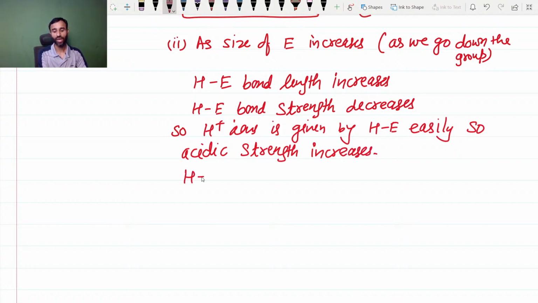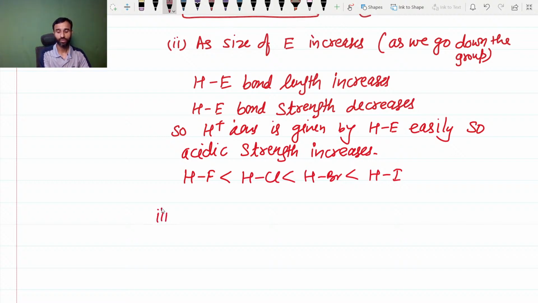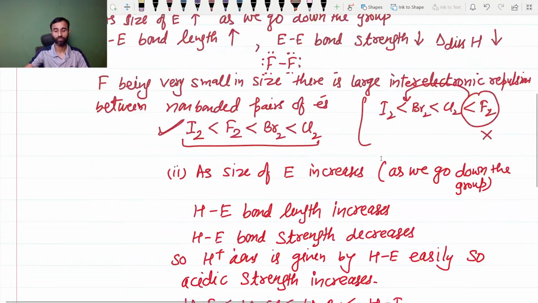That means HF is the weakest, then it is HCl, then HBr, and at the end it is HI. Okay. Now the next part is basic strength.